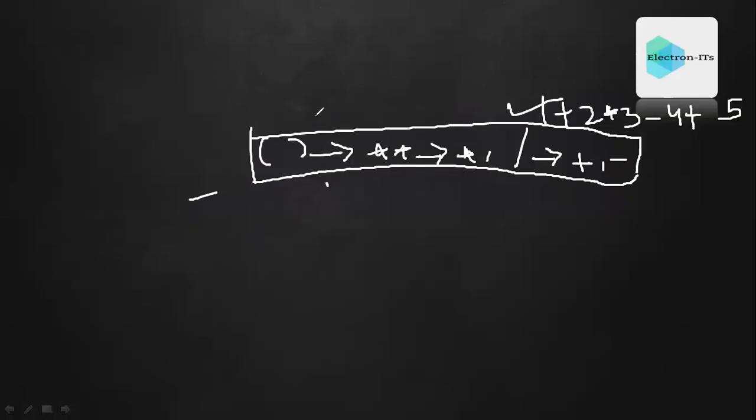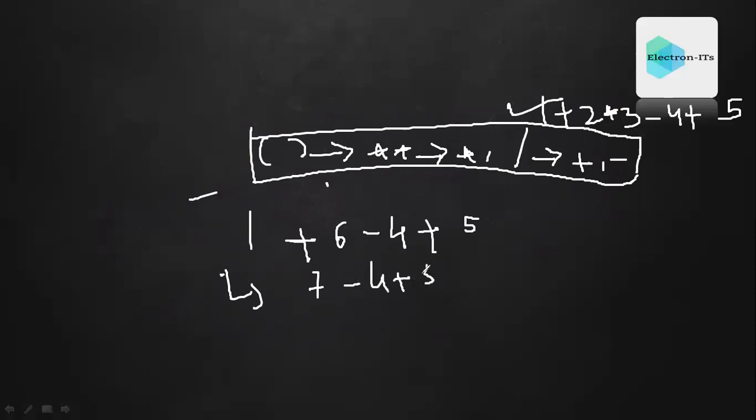So according to this, first will come 1 plus 2 into 3, that is 6, so 1 plus 6 minus 4 plus 5. The next step will be 7 minus 4 plus 5.